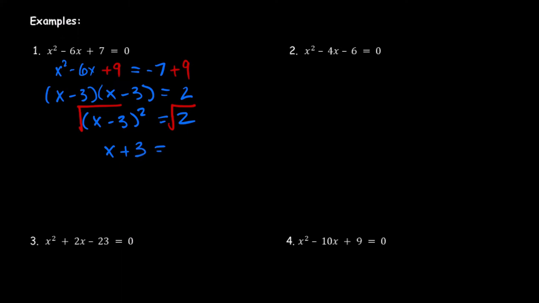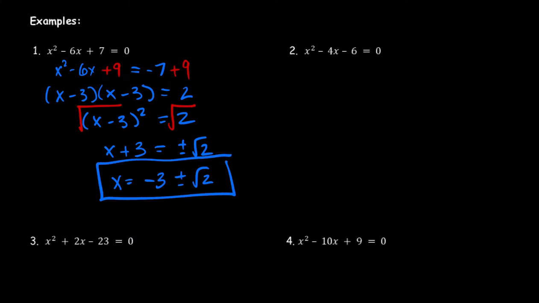But remember, when solving an equation and you take the square root of both sides, you have to include a plus or minus in this result here. So that'll give me plus or minus square root 2. And then the last thing to do to both sides is subtract 3. And when we do that, I get x equals negative 3 plus or minus square root 2.